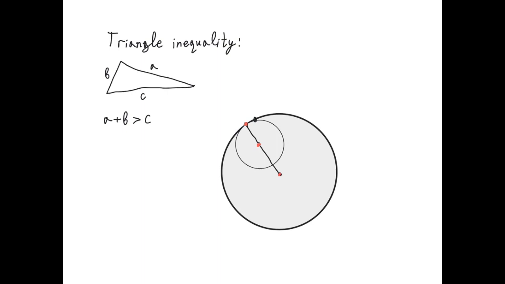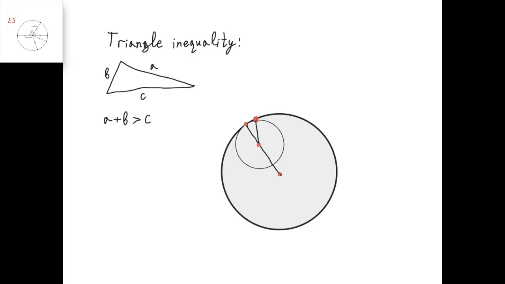Suppose that there exists a second intersection point between the circles, and then because it lies on both circles, so in particular it lies on the small circle, we know that this length here is r1, and this here is r1, this here, let me call it x, and then the length of this segment here will be r2 because it also lies on the larger circle. So by the triangle inequality, for the triangle that we see here, we have that x plus r1 is greater than r2.